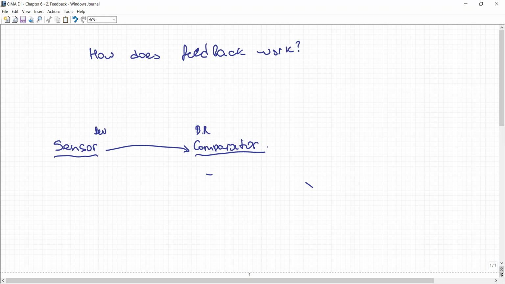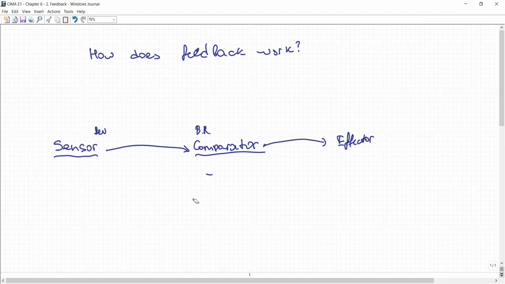it goes to the effector. An effector is a human or a device that can change the system's behavior or output based on this error signal that comes from a comparator. So, for example, if we see that revenue is not as big as budgeted revenue, what do we do?